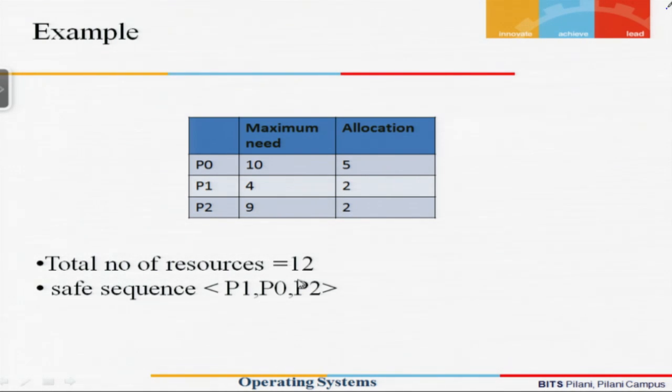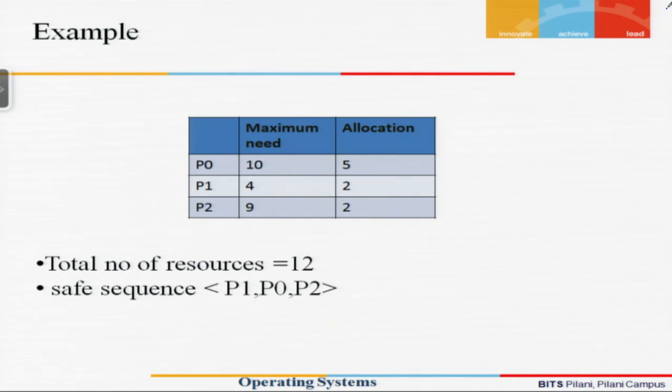So out of the total, 9 resources have been allocated, and along with the allocation there is another piece of information which we have, and that is the maximum needs. Process P0 may maximally need 10 resources, process P1 could need 4 resources, and process P2 could need 9 resources.